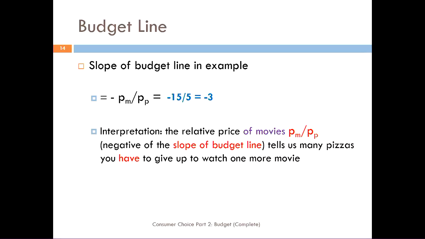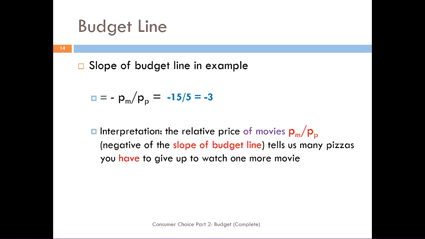You spent $15 to watch that movie. You could have used that $15 to eat 3 pizzas. So you had to give up 3 pizzas to watch one movie. That's what the interpretation of the slope of the budget line is telling you. The relative price of movies, PM over PP, how many pizzas do you have to give up to watch one more movie?